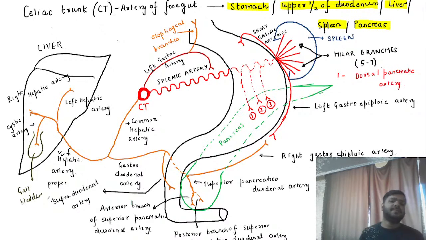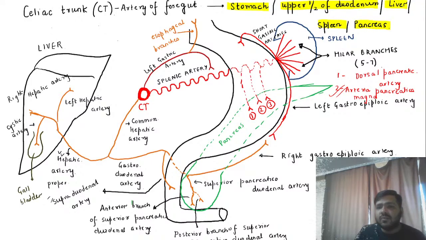The second one is the arteria pancreatica magna. Magna means large one. So remember, it is the largest artery which is supplying the pancreas. Out of all the three, it is the arteria pancreatica magna.